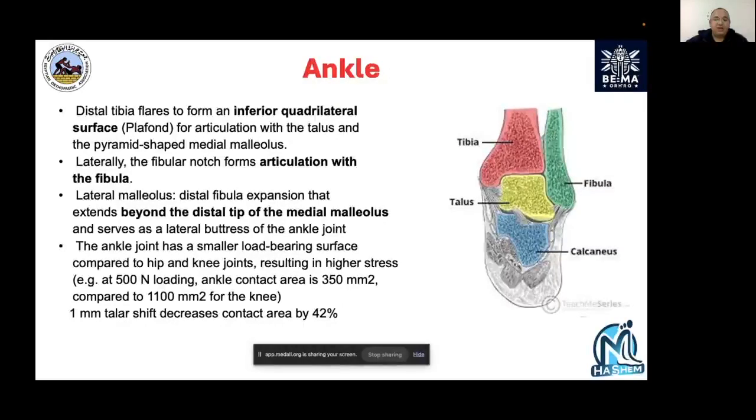If you have a look at the joint, the ankle compared to the knee is a smaller joint. The whole surface of the ankle is 350 mm, while the knee is 1,100 mm. And the articular cartilage layer in the ankle is thinner than the knee. But there is a very common question: why doesn't the ankle get arthritis like the knee?